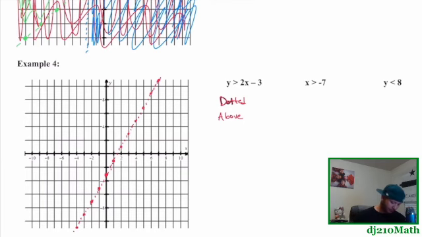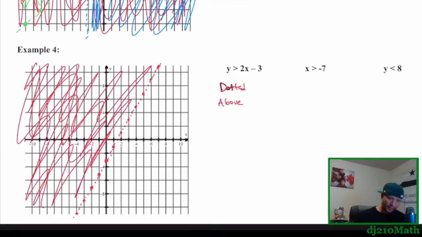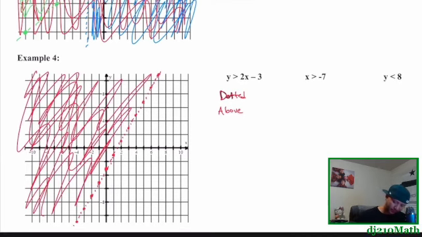And we shade above. All right, x greater than -7. So it's a vertical line through -7. It's dotted. And we're going to shade above, or technically to the right, because anything to the right is greater than, right? Anything to the right is greater than.